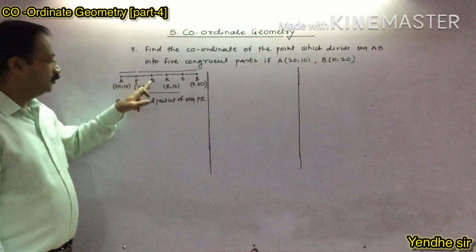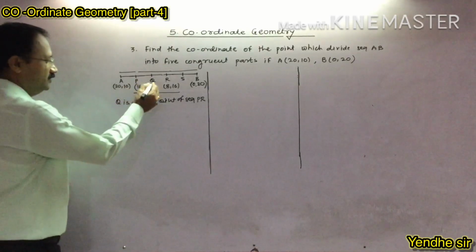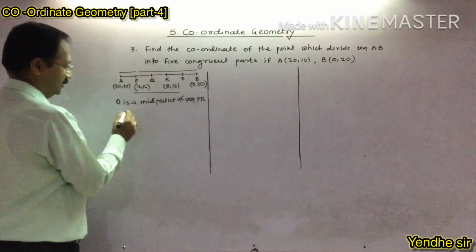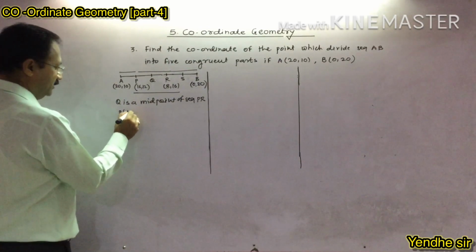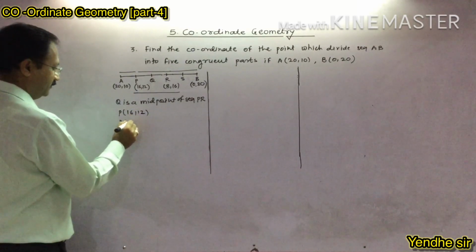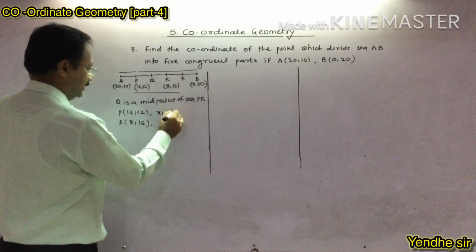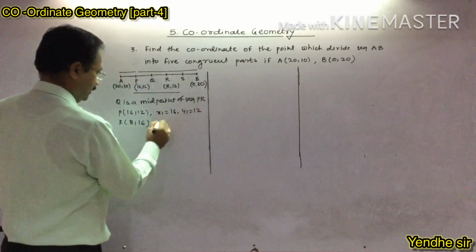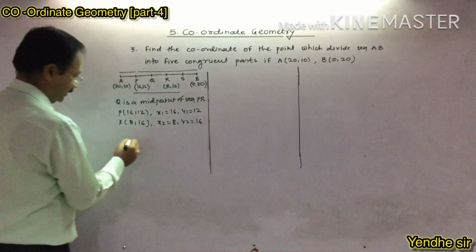Let's see how to find the coordinates of point Q. Q is the midpoint of PR. Therefore, we write the coordinates of P, 16 and 12, and R's coordinates are 8 and 16. x1 equals 16, y1 equals 12, x2 equals 8 and y2 equals 16.